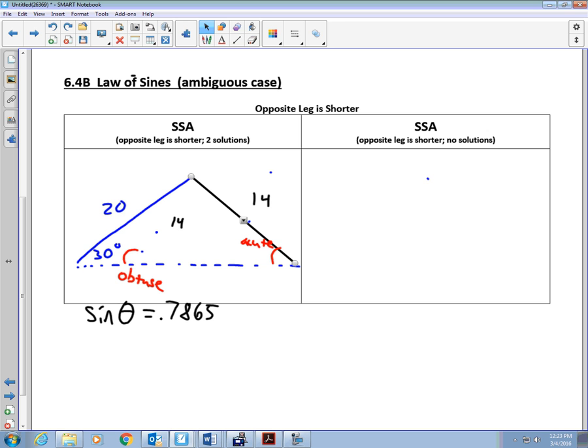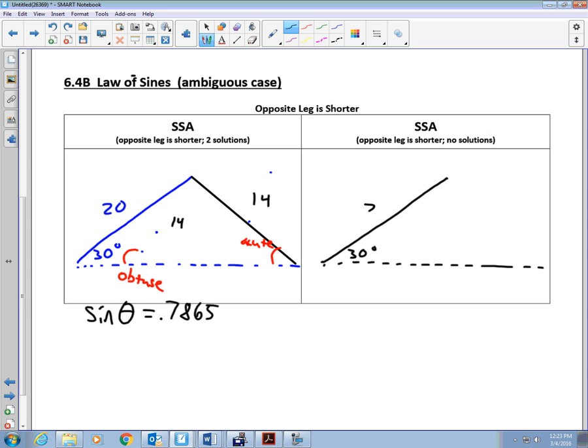Let's look at the option where there's absolutely no solution. Okay? I'm going to draw a similar triangle. 30 degrees. Call this side 20. And I'm going to add another side.